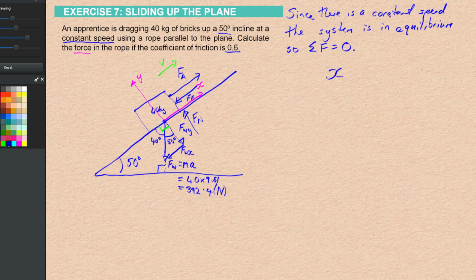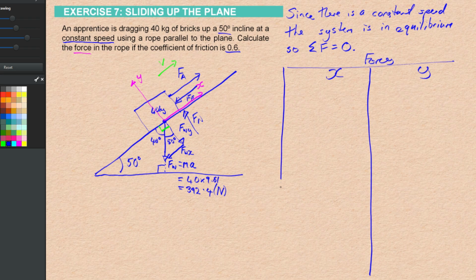Here we have our x and our y column, and remember these are all forces, so I'm not going to draw the velocity on there, I just know that it has a constant velocity. Down this way, down this way, and the first one we're going to look at is my weight force. It doesn't have to be, but it's usually the first one I pick.